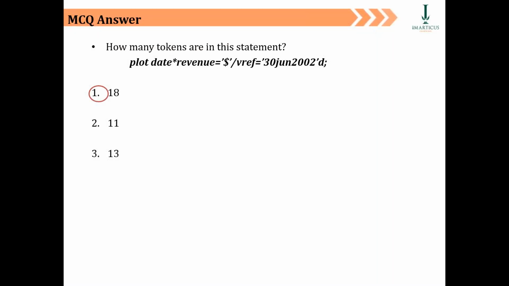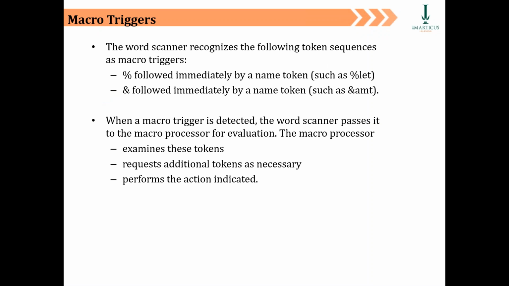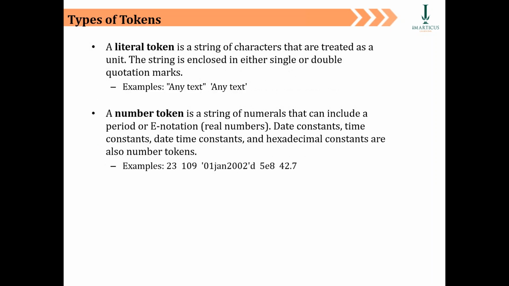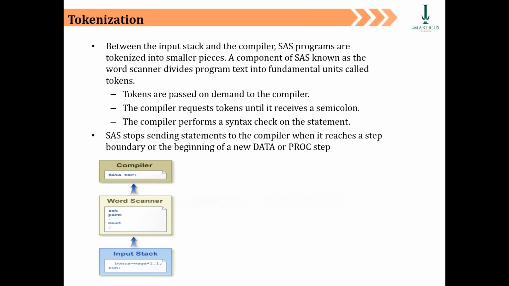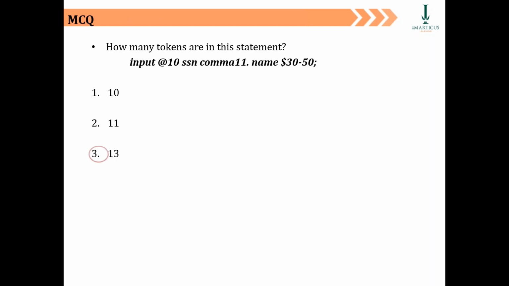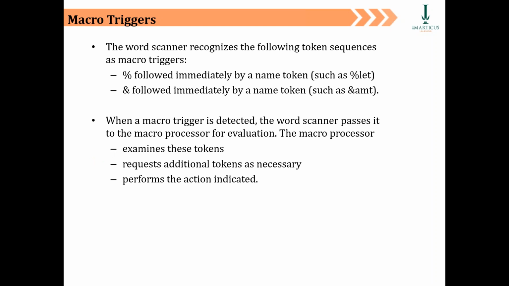We are all good with the concept of tokens. Shall we move into macro triggers, or do you have any more questions remaining here? Okay, why we have learned about tokens, you will come to know now.